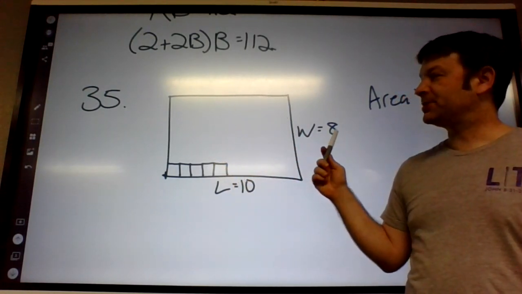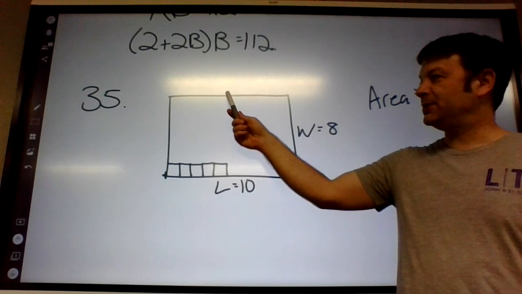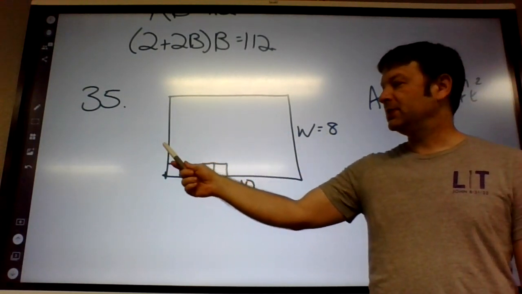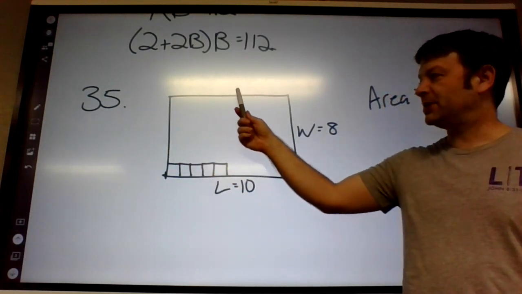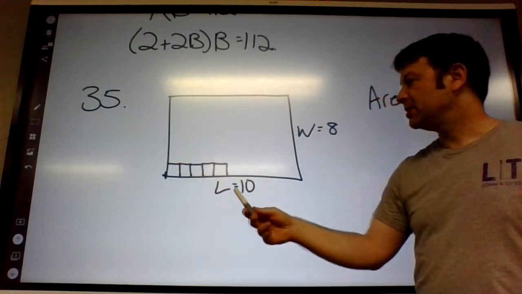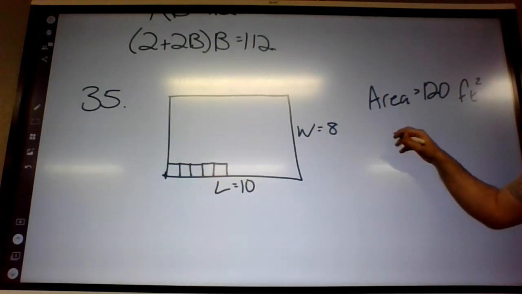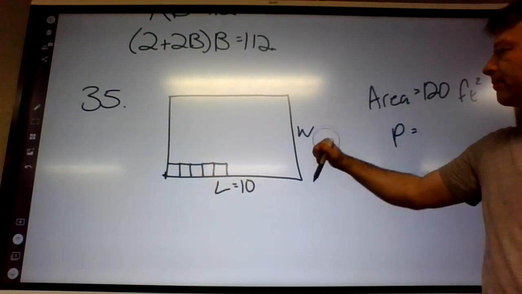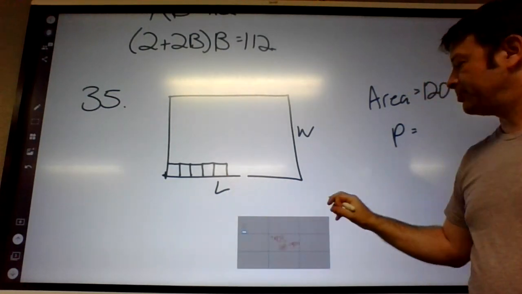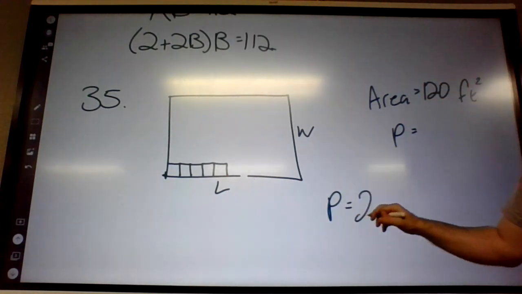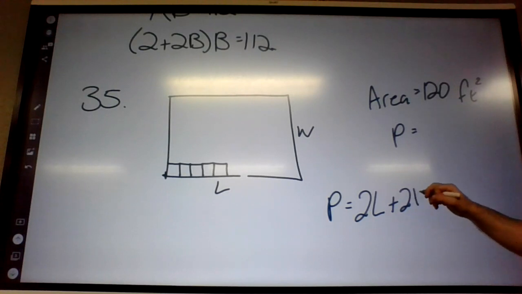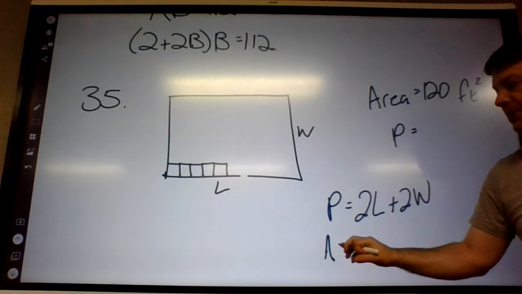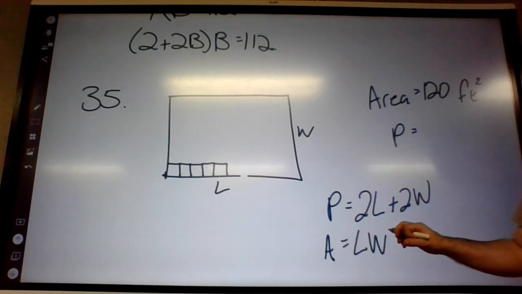Yeah, you could do this plus this times 2. Because there's 2 of these, and there's 2 of these. So it'd be 10 plus 10 plus 8 plus 8. So the perimeter formula is like 2 lengths plus 2 widths. The area formula is just length times width.